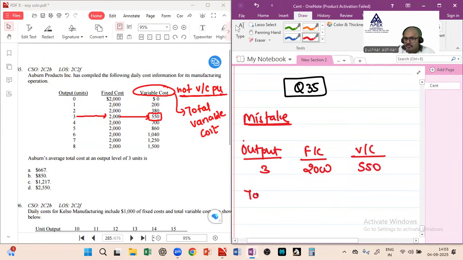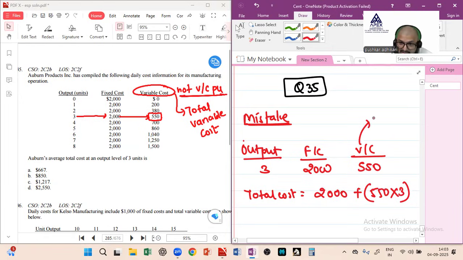So he will say total cost is equal to 2000 plus 550 multiplied by 3. He will take this incorrectly as variable cost per unit.